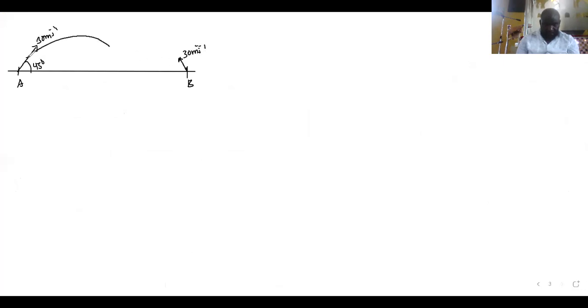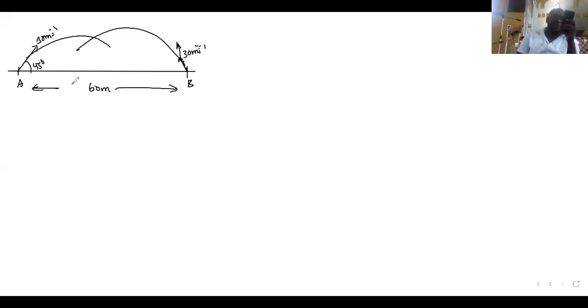So the particles have been projected. The particles are a distance of 60 meters apart initially. One particle has been projected from A with an initial speed of 30 at an angle 45 to the horizontal.